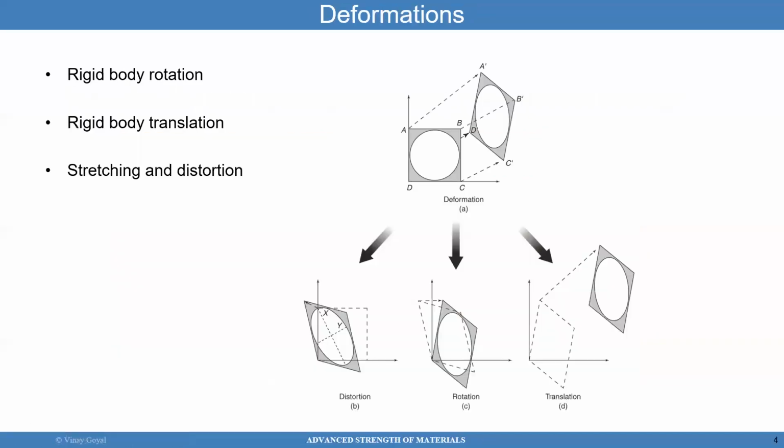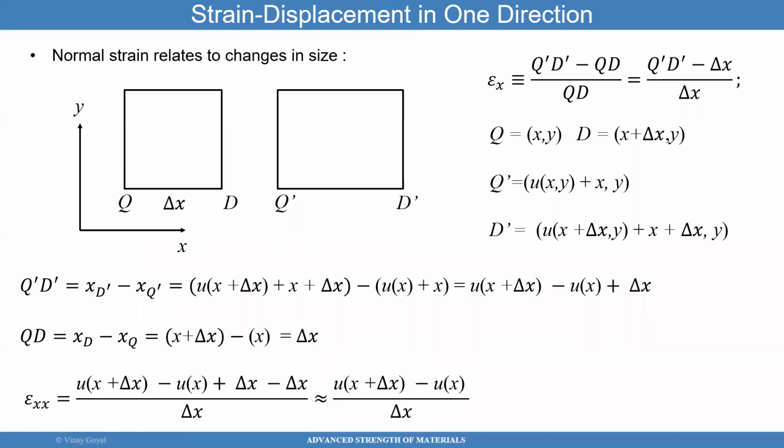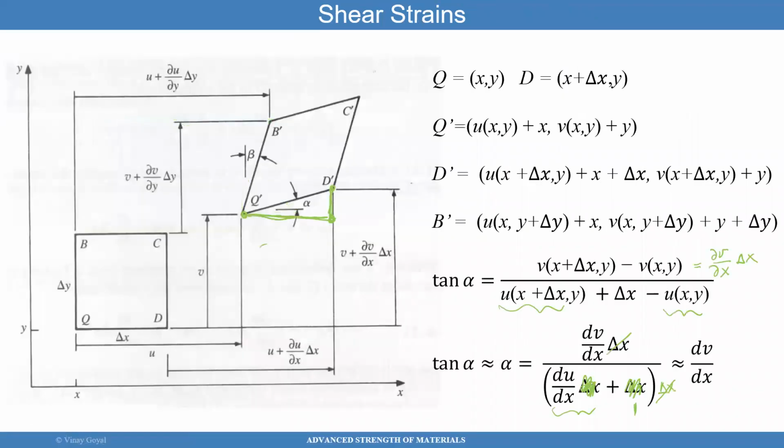So they're quite small strains. And so most likely, even for large deformations, this is going to be small compared to 1.